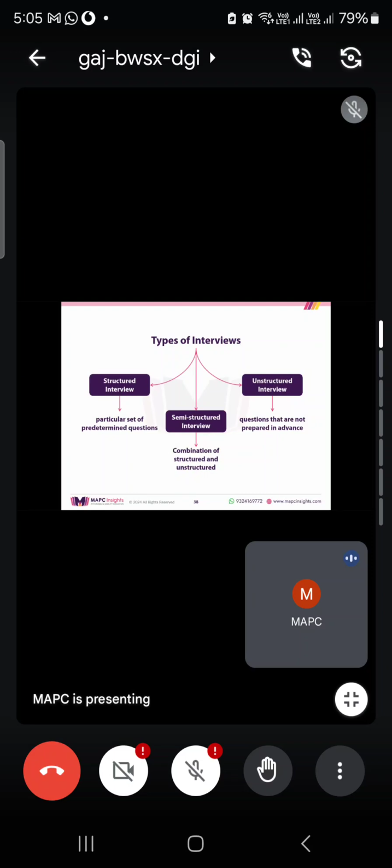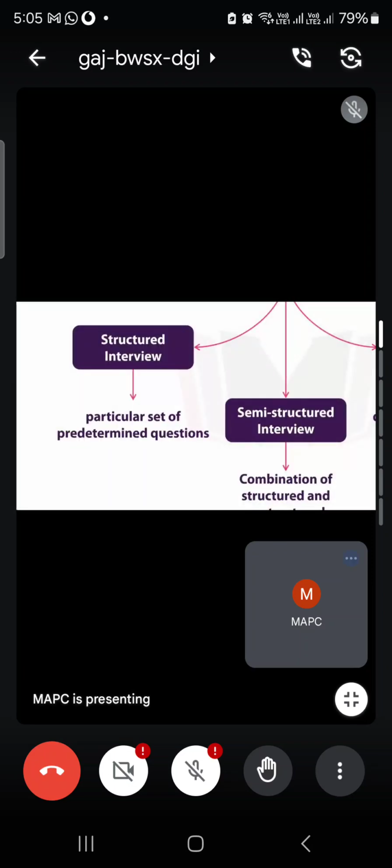We have various types of interviews. Number one is the structured interview. In a structured interview, particular sets of predetermined questions are asked in that sequence only. There is no deviation from that. Questions are fixed, the question pattern is fixed, the sequence of questions is also fixed, and one will answer accordingly.